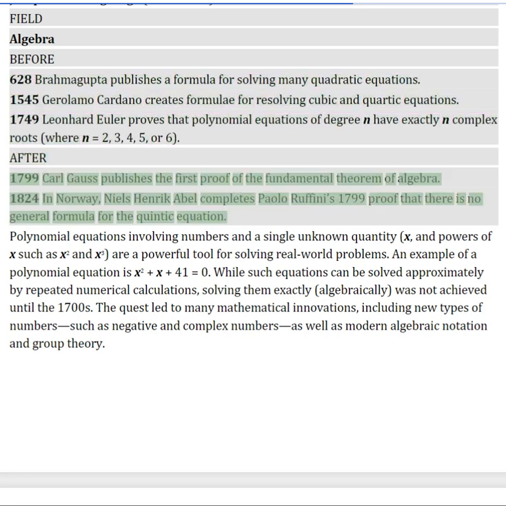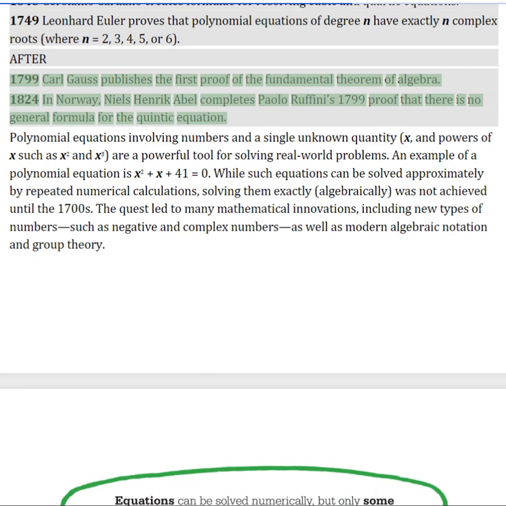After: 1799 Carl Gauss publishes the first proof of the fundamental theorem of algebra. 1824 In Norway, Niels Henrik Abel completes Paolo Ruffini's 1799 proof that there is no general formula for the quintic equation.